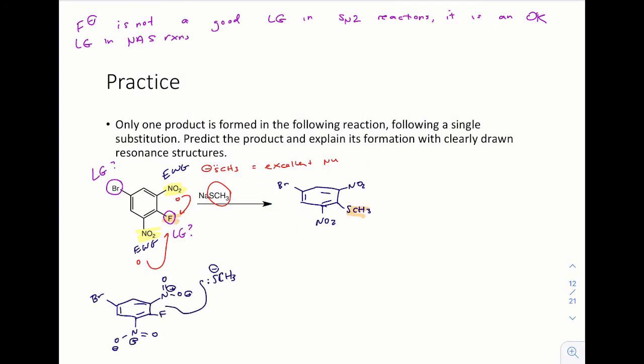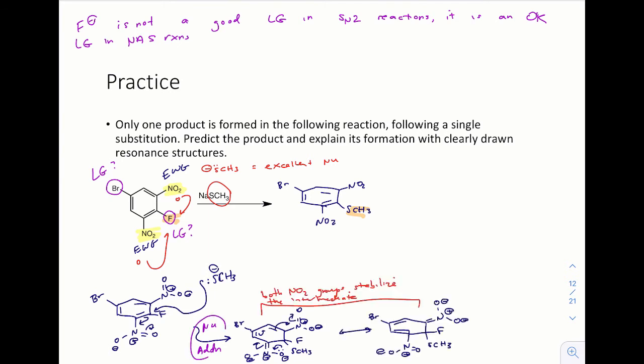The thiolate group adds to the carbon bearing fluorine, delocalizing the electrons into the nitro group. In fact, both nitro groups can stabilize the electrons donated by the thiolate. And we can draw the following resonance structure to demonstrate that.